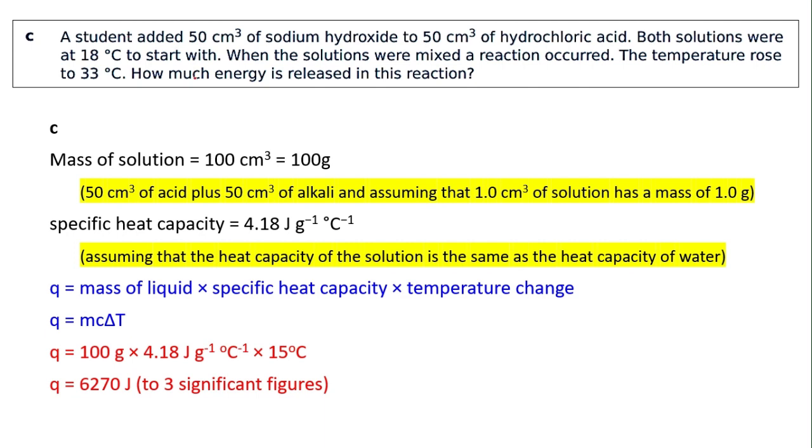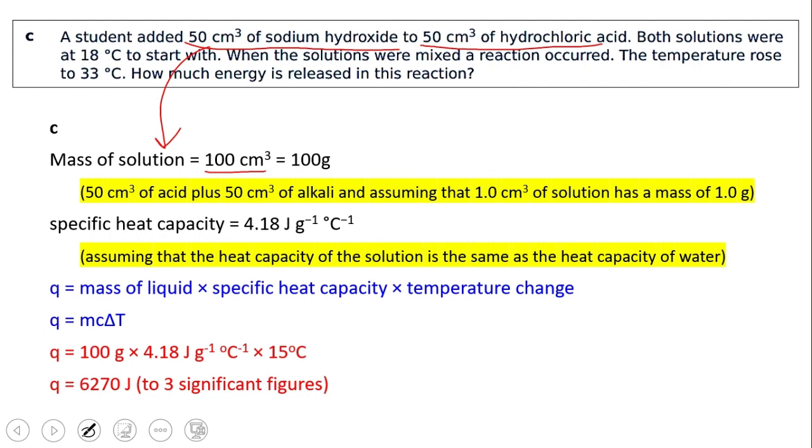So we have two solutions here. We have 50 cm cube of the sodium hydroxide and 50 cm cube of the hydrochloric acid. The total mass of the solution we can find from the total of 50 plus 50 of acid and alkali. So it should be 100 cm cube volume, which will be equal to 100 gram in mass.